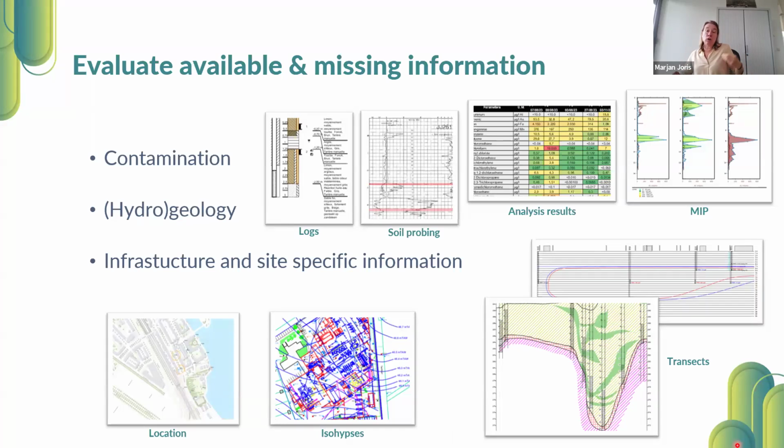That will also help to get the objectives of your monitoring campaign clear, to define measuring locations and the detail of the investigation you want to do. And it will also help you to determine the frequency of the measuring campaigns as well as the duration of the monitoring.